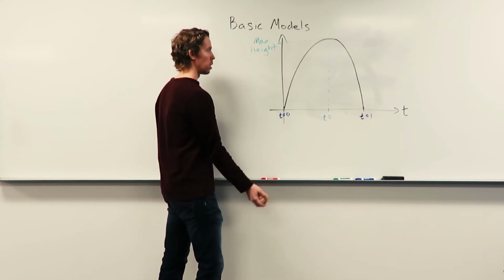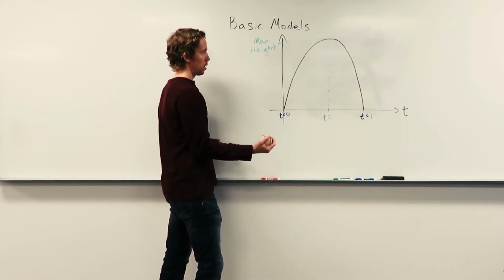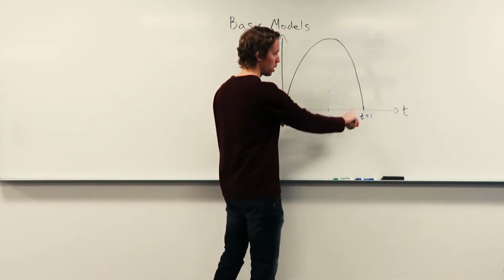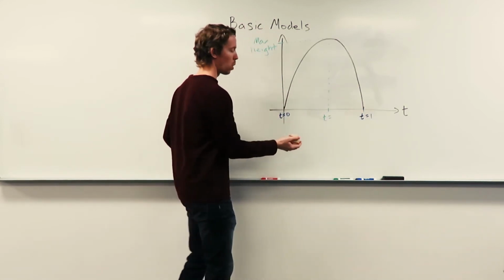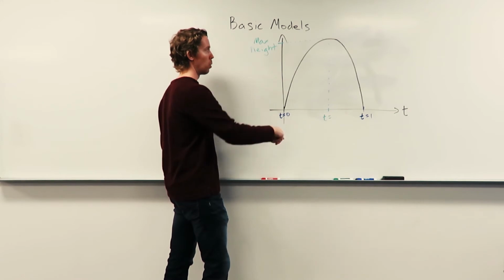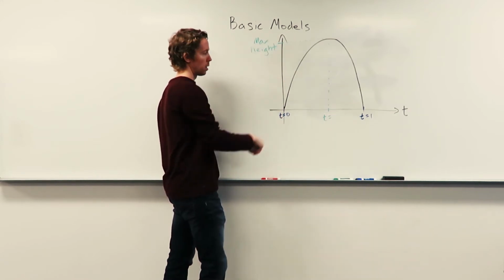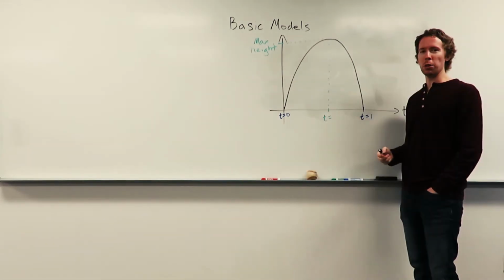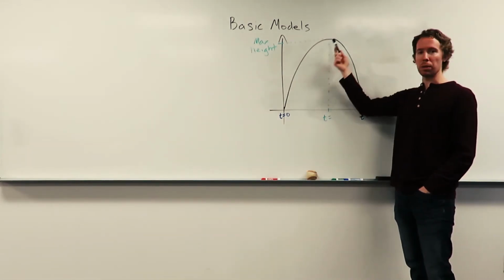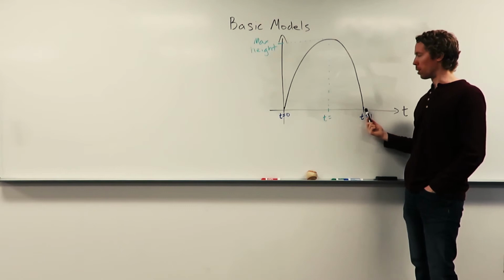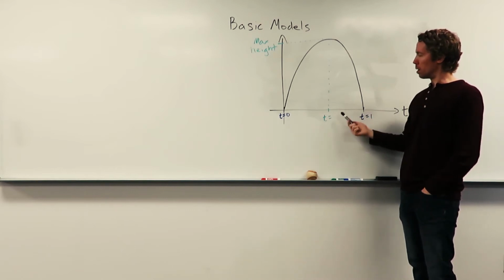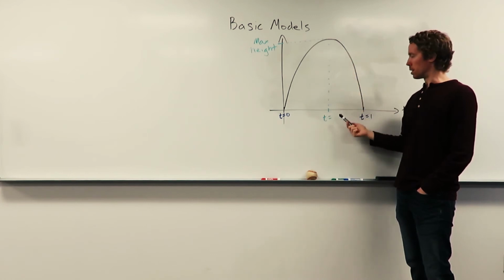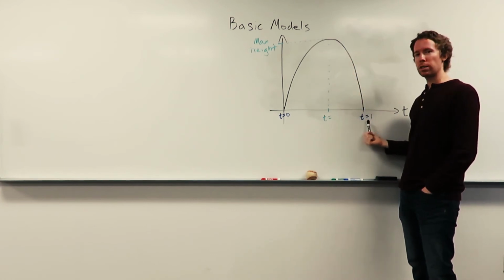So if I just toss the ball up like this, then as the ball goes up, the time moves forward. And let's say it takes about 1 second for the ball to go up to this height and come back down. Then the parabola would look like this. If it only takes 1 second for the ball to go up and fall back down to a height of 0, then the amount of time it takes to reach this maximum height is exactly half of 1 second.